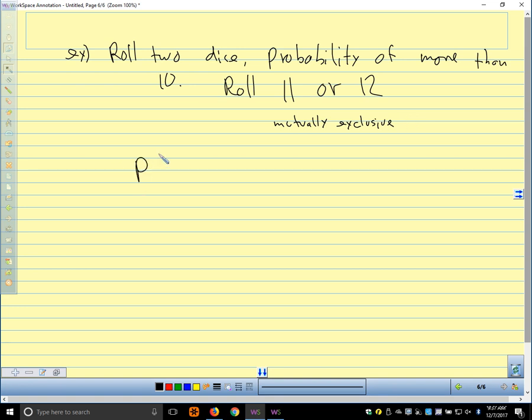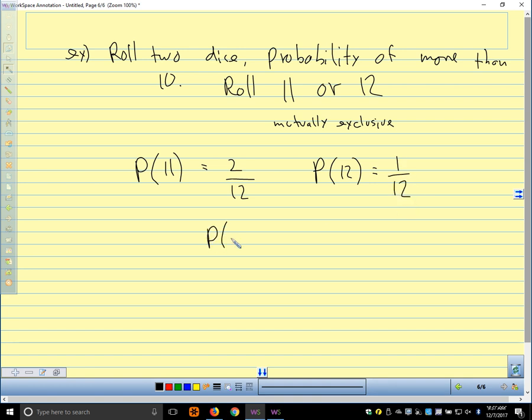The probability of rolling an 11. How many ways can we roll an 11? 2, 5 and 6, or 6 and 5? Probability of a 12. How many ways can we roll a 12 on 2 dice? 1, just a 6 and a 6, right?